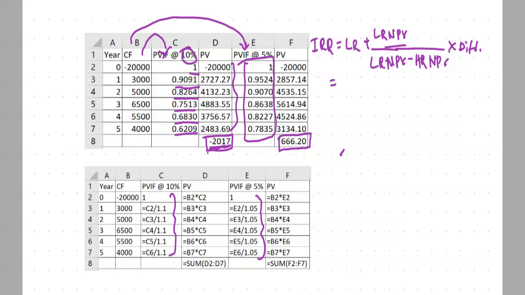So lower rate is 5%, lower rate NPV is 666.20, divided by lower rate NPV 666.20 minus high rate NPV, which is minus 2017. And the difference in rate is the difference between 10% and 5%, which is 5.